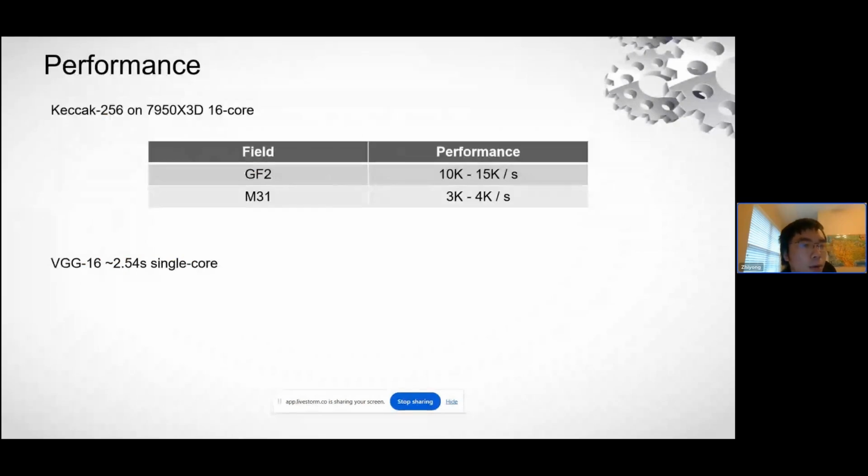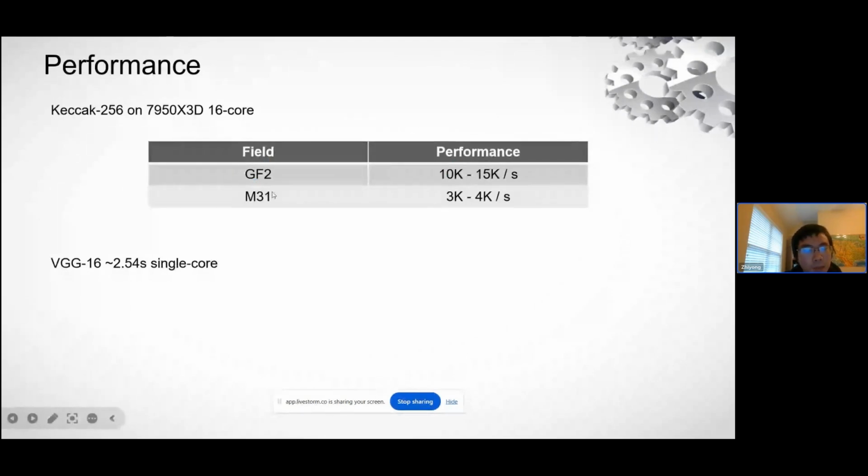Let me give you some basic numbers about the performance of the Expander system. For the KECCAK function on this CPU model with 16 cores, we managed to prove around 10,000 to 15,000 per second on the GF2 field.